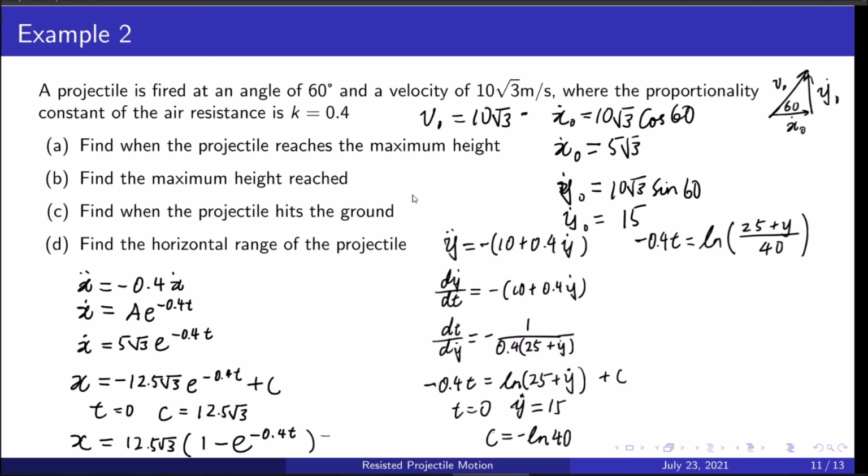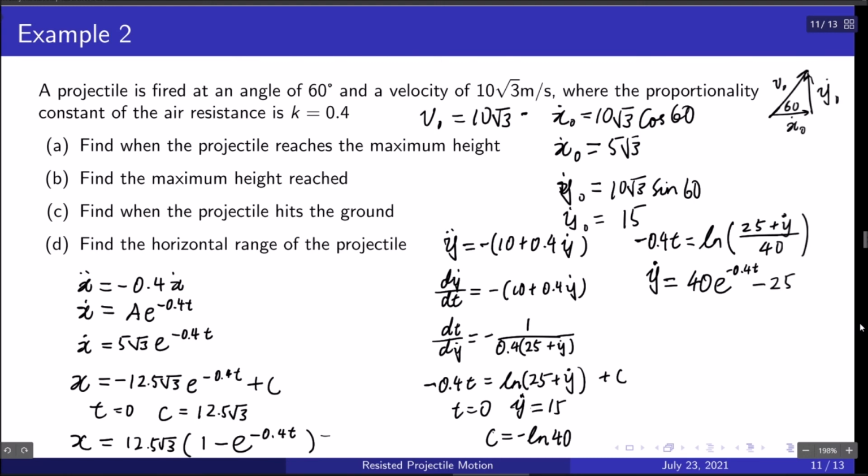And of course, we raise both sides to the power of e, and we end up with y dot equals 40 e^(−0.4t) minus 25. Okay, so this is our expression for the vertical velocity.